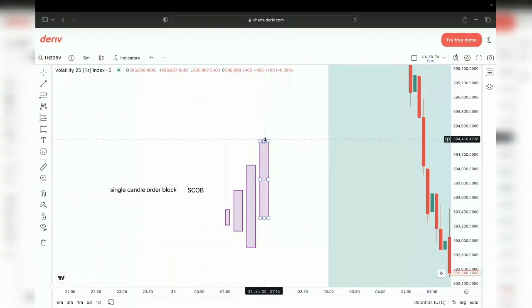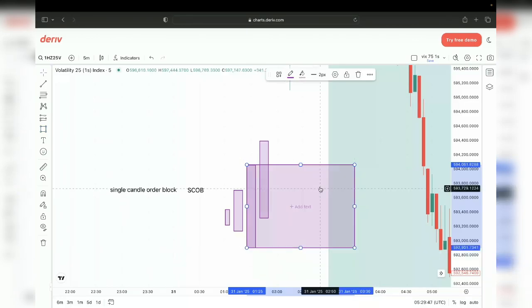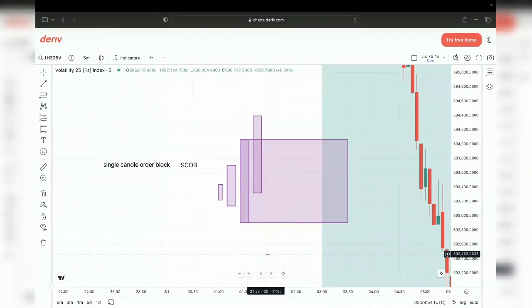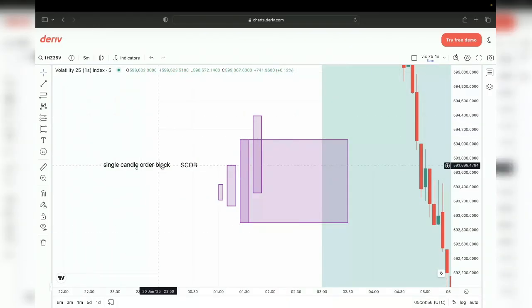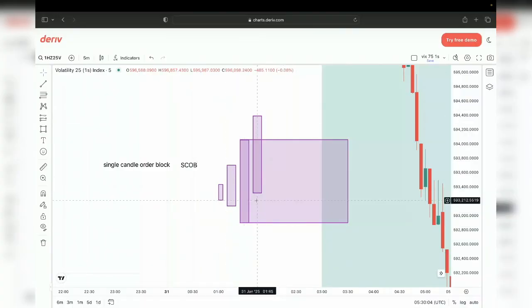And if I sometimes want to wait, this candle becomes my limit entry. I set limit here. And then you put your SL, the normal SL. But if we're following the normal single candle order block rule, if your trade is correct, your SL is supposed to be below the single candle order block, because we know that it's not supposed to come down.